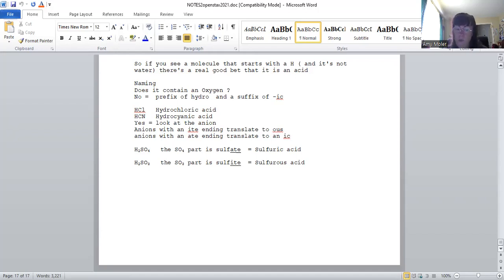So sulfate becomes sulfuric acid when you put the 2 H's in front. Sulfite becomes sulfurous acid when you add the 2 H's in front. They look similar. There's a super big difference, okay? Sulfurous acid, you could stick your finger in the beaker and it really wouldn't do anything. You do not want to stick your finger in a beaker full of sulfuric acid. There is a significant difference in its power.